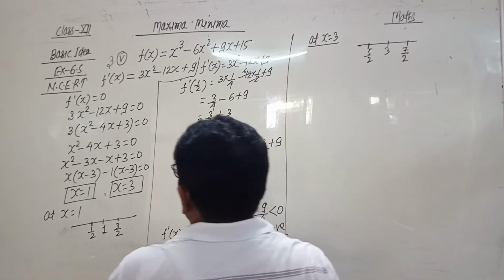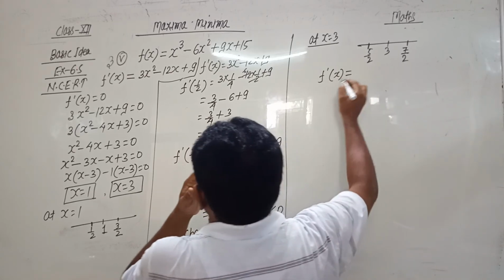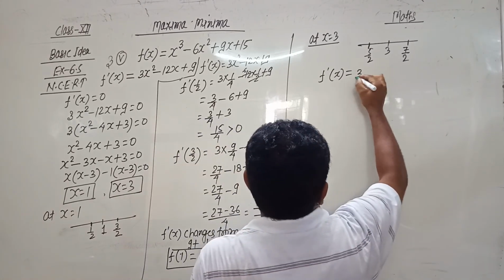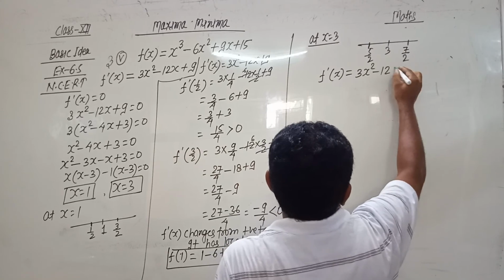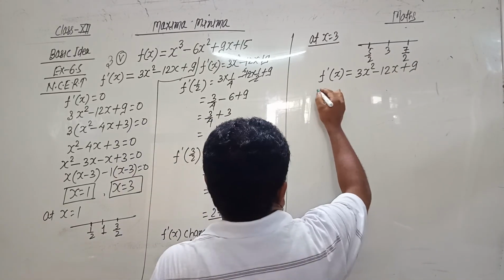So the value of f dash x is 3x square minus 12x plus 9, and f dash 5 by 2.